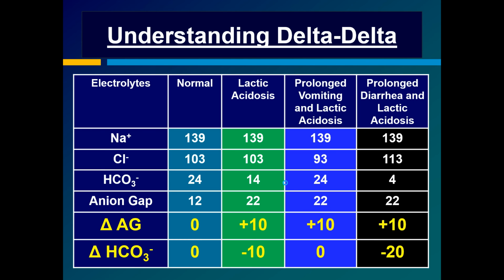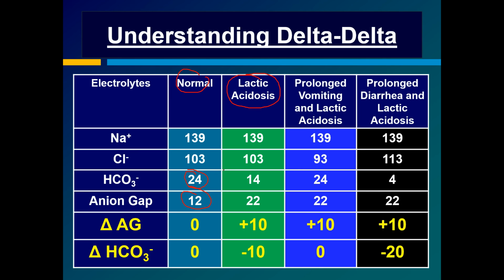Now, if you want to look at this next to each other in a table format, I think that also will help you understand this. So normal values: normal bicarbonate, normal anion gap, and with those values being normal, there is no delta anion gap or delta bicarb. And let's just use as an example, maybe a patient who's seizing who has lactic acidosis, or maybe a patient who has sepsis.